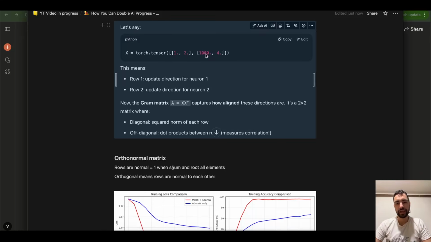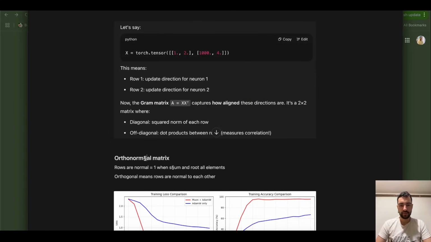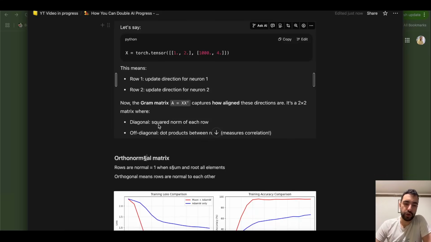So backpropagation maybe wants a not so stretched update. So we will make this matrix orthonormal. I'm also trying to understand this, but we want stable training without these huge numbers, for example.